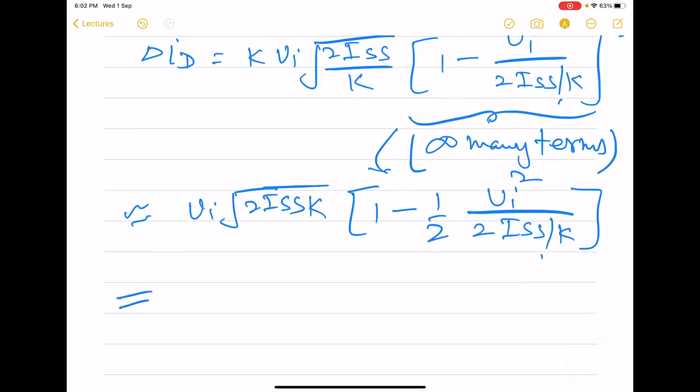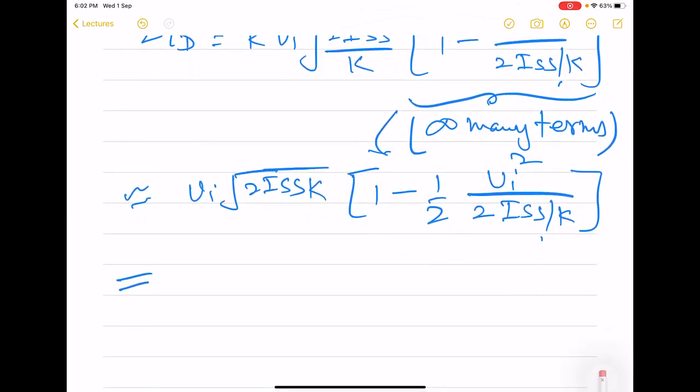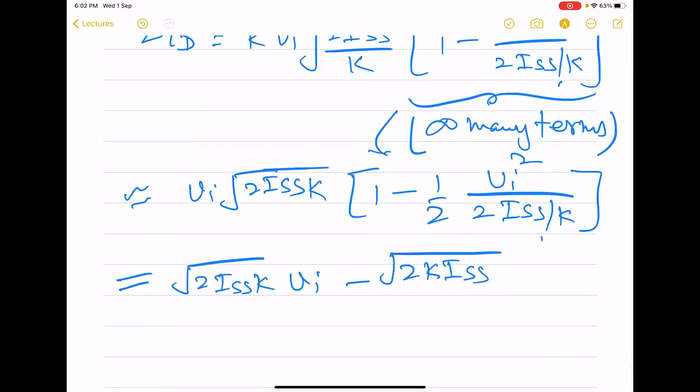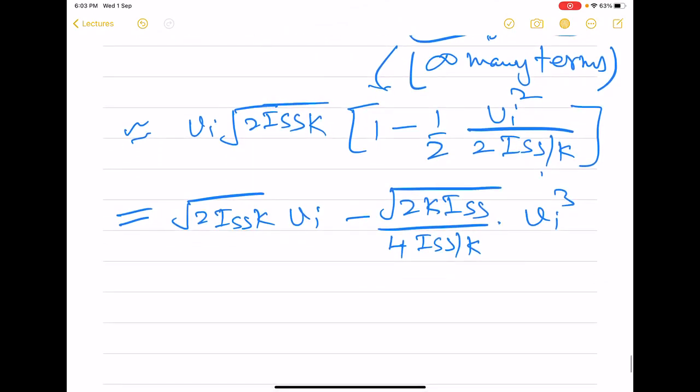So here we can see that we get third order nonlinearity. There's one more thing to note. There's no DC term and no second order term.